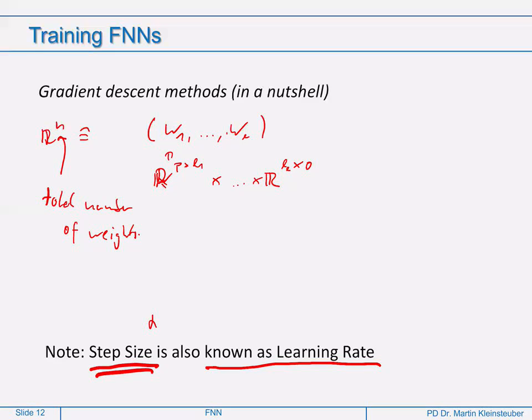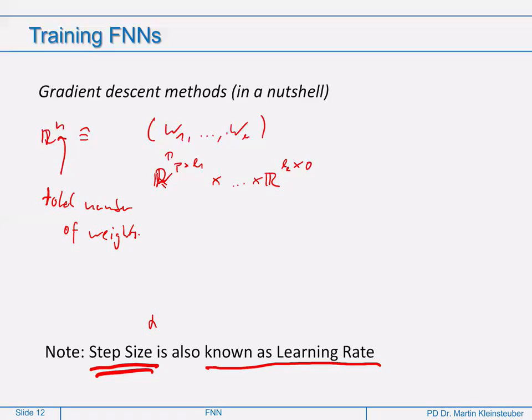Good. This is the idea. All we have to do is compute the gradient of our function. If we do that, we run into the problem of what we had in the very beginning of our studies, namely Jacobi matrices and the chain rule.